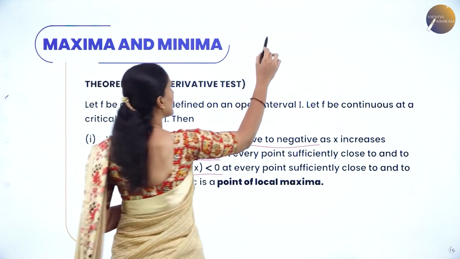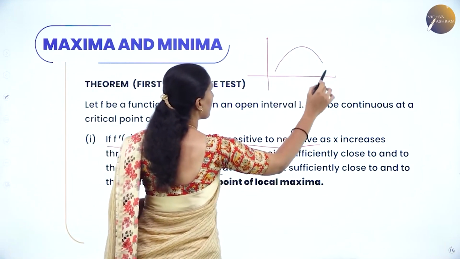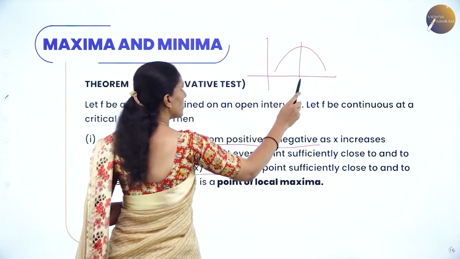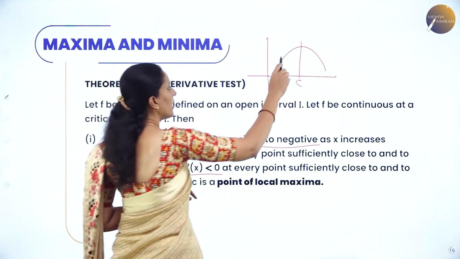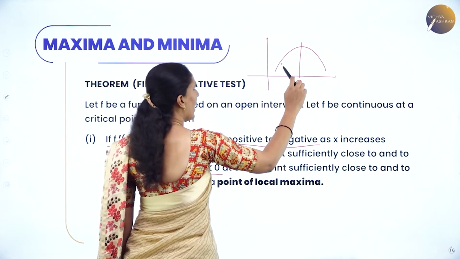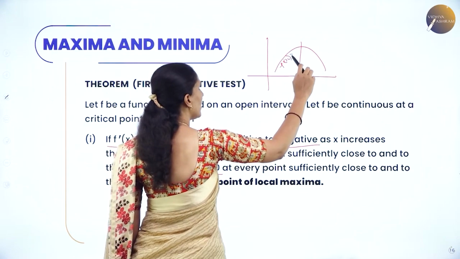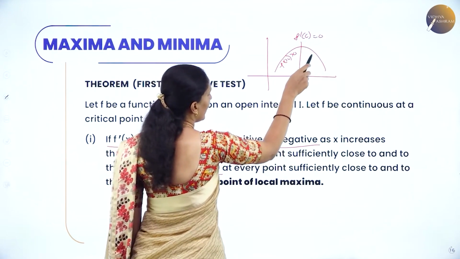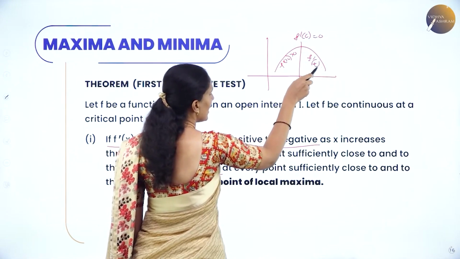That is, I have taken an example of this curve. So, here you can see. This is the point C, and at point C the function is continuous, and here you can see f dash of x goes on increasing, and here f dash of C is 0, and here it decreases. It is less than 0.